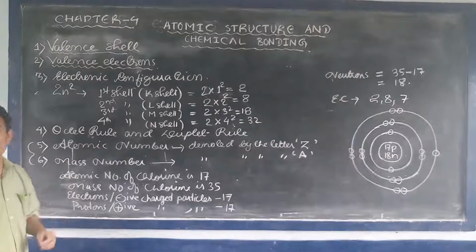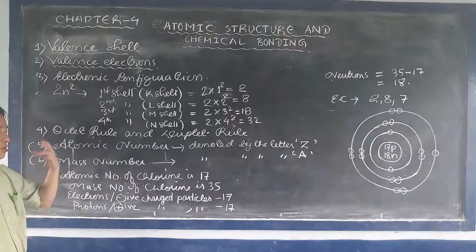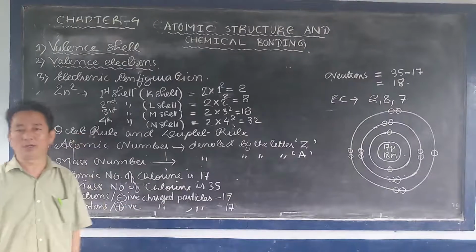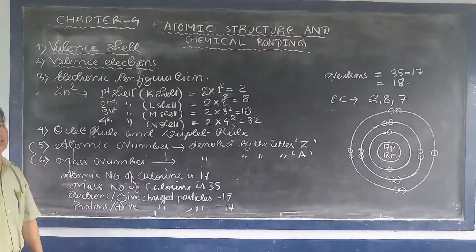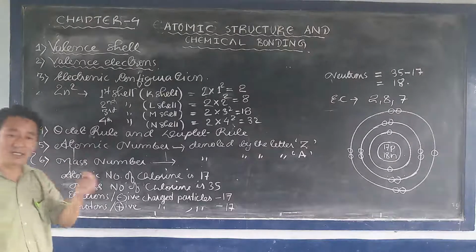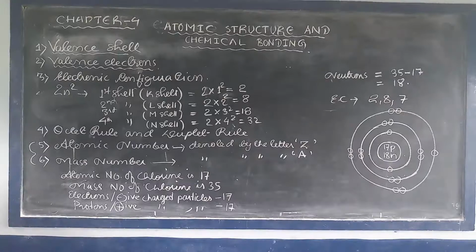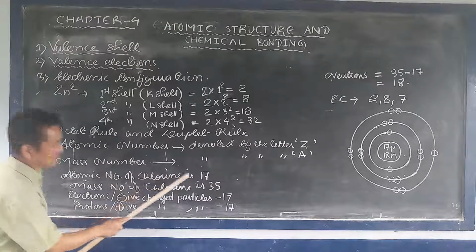From that electronic configuration, we can easily determine the position of the atom in the periodic table. We can easily determine whether the atom is metal or non-metal, and we can easily determine the valency of that atom.